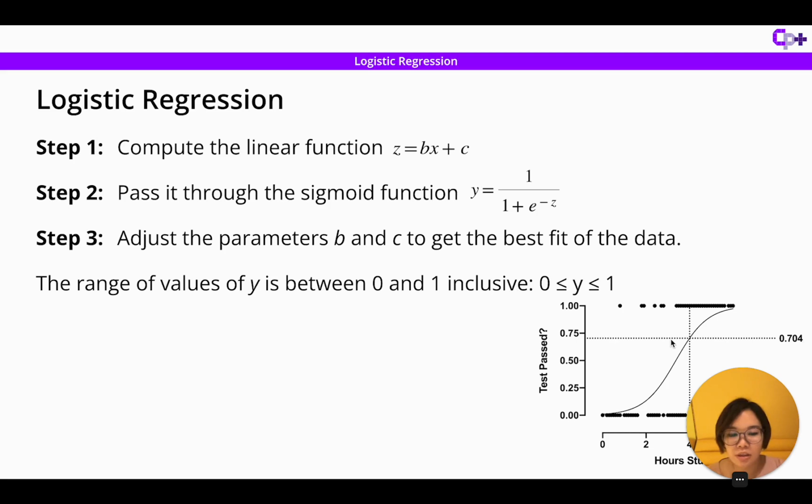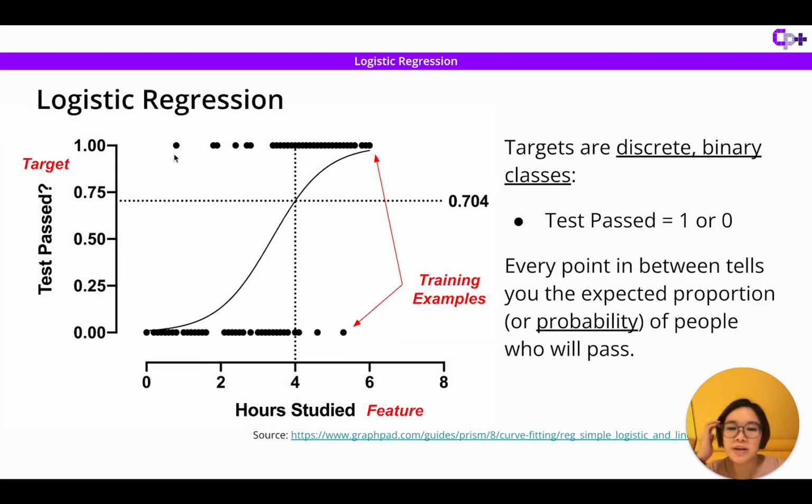Of course, the data is not so neat. There are some people who studied very little and still passed, but there are also some people who studied a lot and still failed. But generally, you do see the trend. There are more people studying and passing than those who studied and failed.